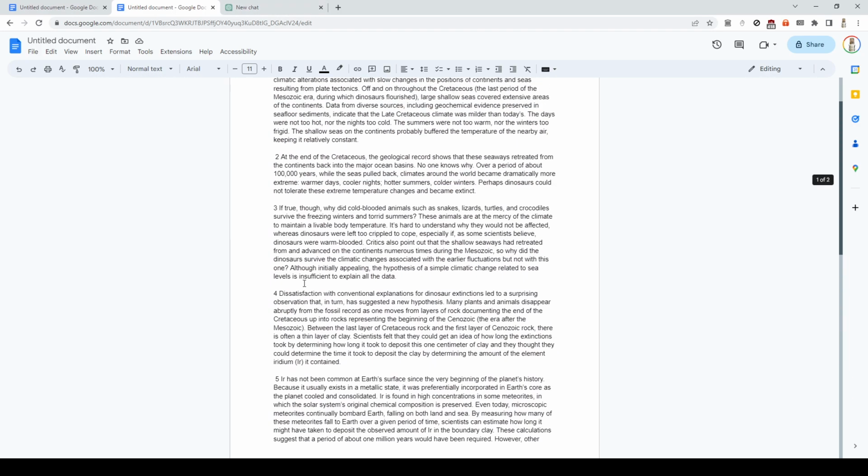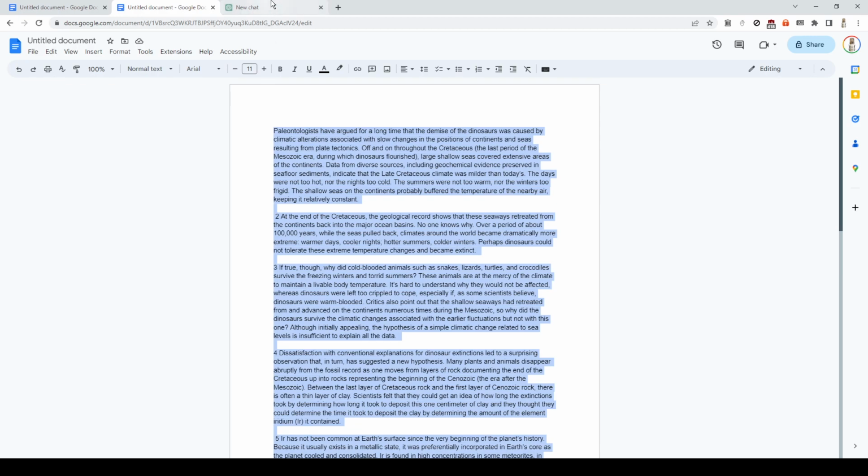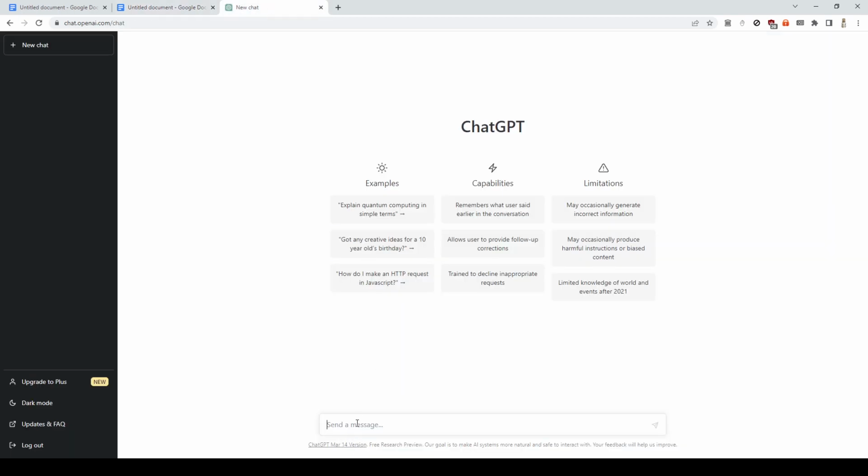So what I'm going to do first is copy it all over to my window, and I'm going to give ChatGPT some instructions. I'll say, please read the following article. Make a list of 30 words that appear in the article which are uncommon in English.